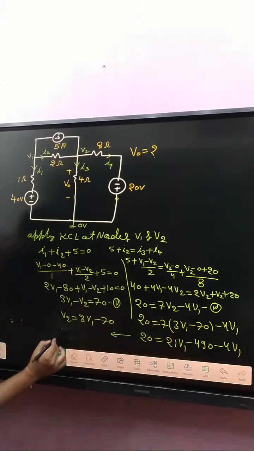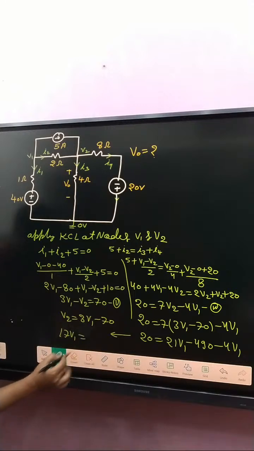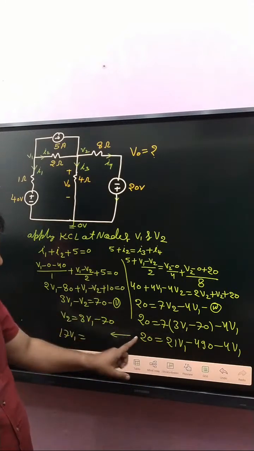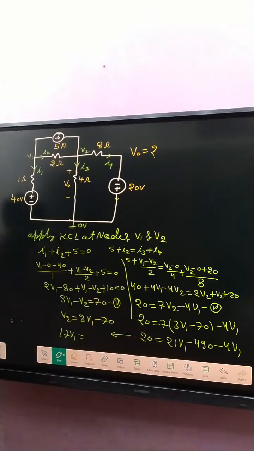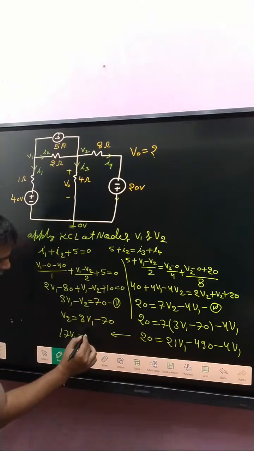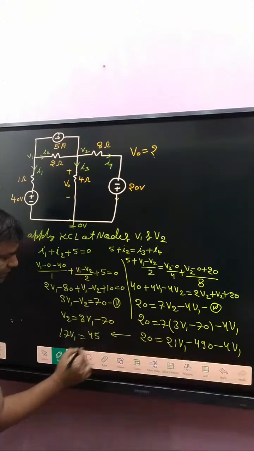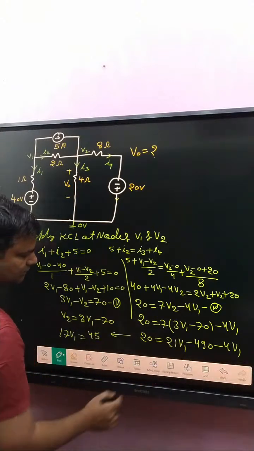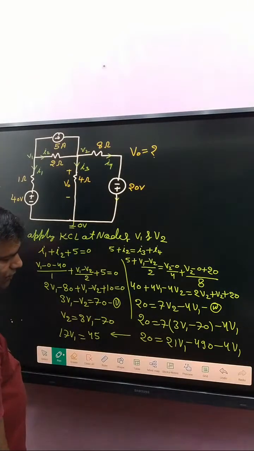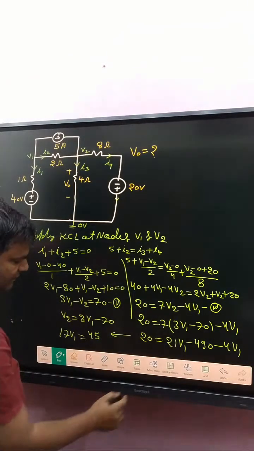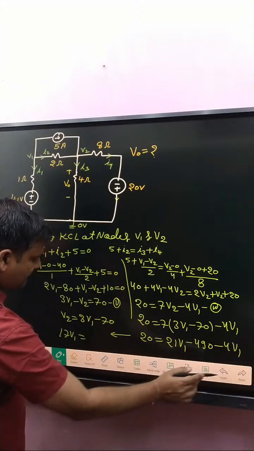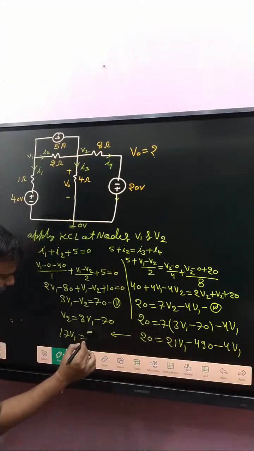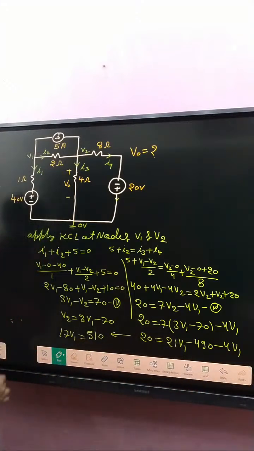After that we get 17V1 equal to, if this one goes over here, then we get 510.